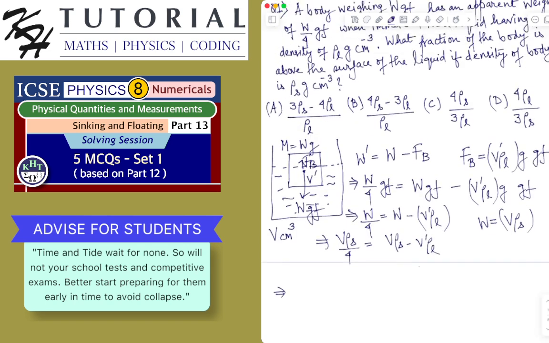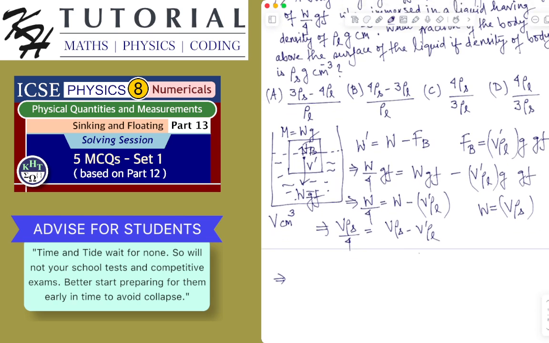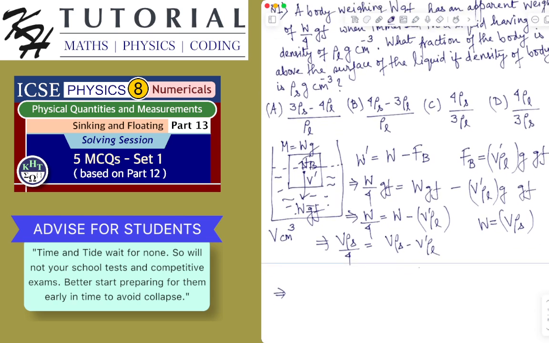The question has asked what fraction of the body is above the surface of the liquid. We have considered V dash to be the volume of the liquid immersed, that is the volume of the body which is immersed inside the liquid.